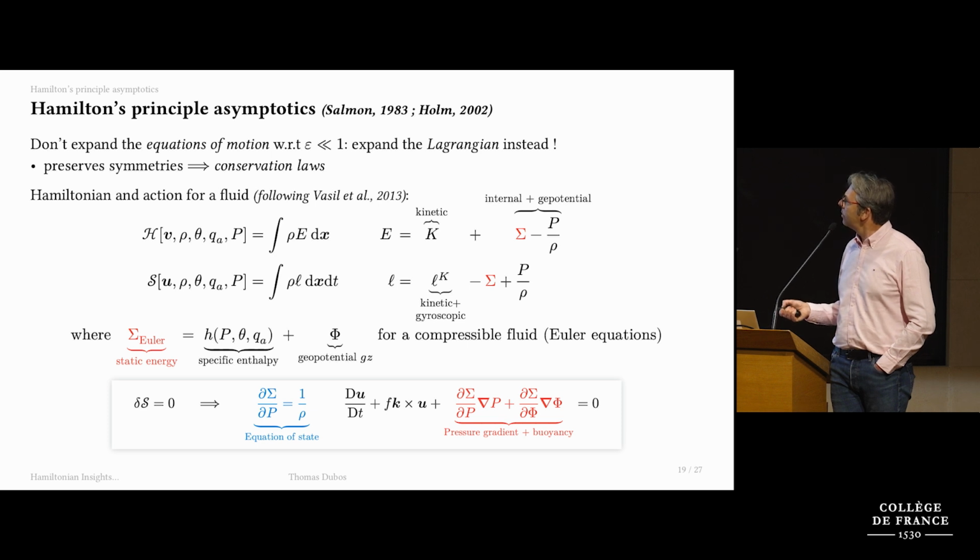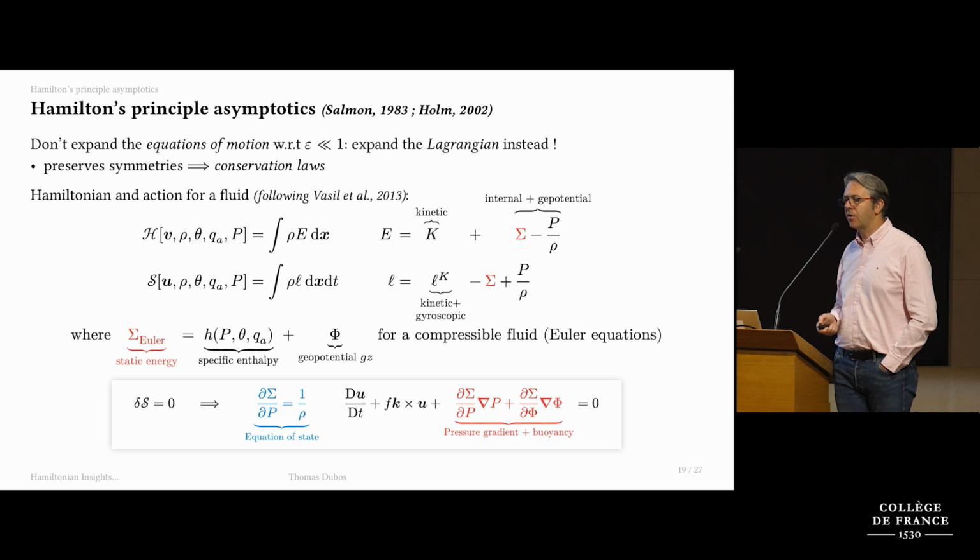Now, applying this idea of Hamilton's principle asymptotics just means that I can replace this compressible expression of sigma by an approximate expression based on that decomposition of pressure into the static part and the excess pressure part.